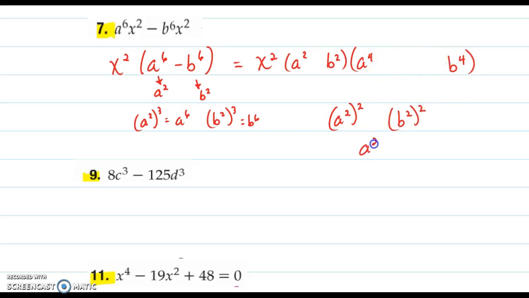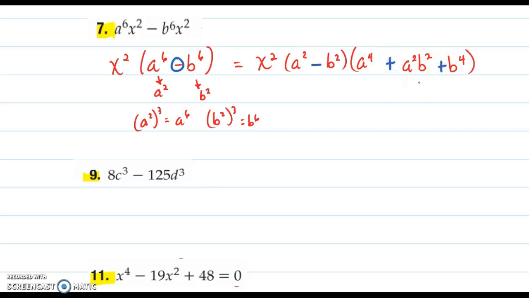And when I multiply a squared times b squared, I get just that, a squared, b squared. And now I'm going to fill in my signs. I'll do a different color this time. So this was a subtraction if I'm thinking of a difference of cubes. So I keep the same sign, the opposite sign, and then always positive.